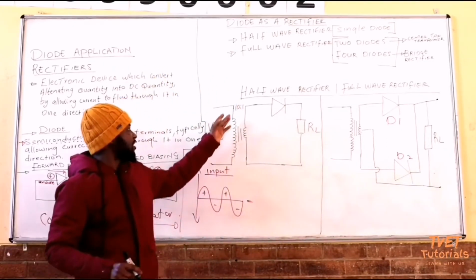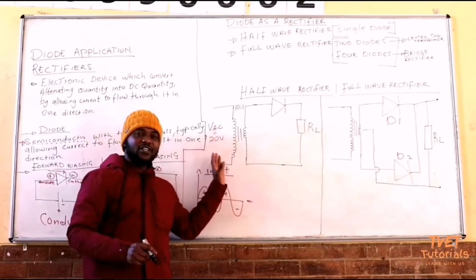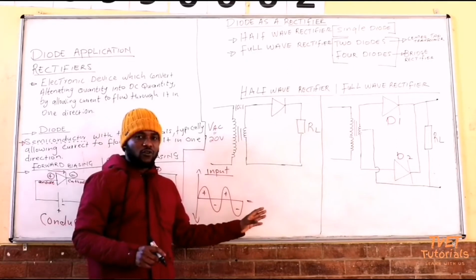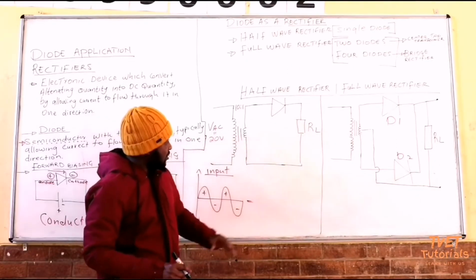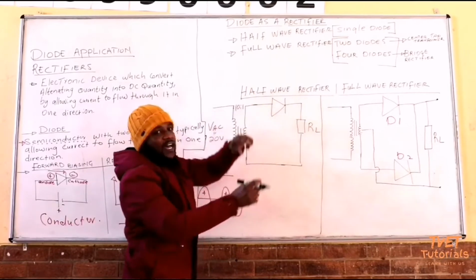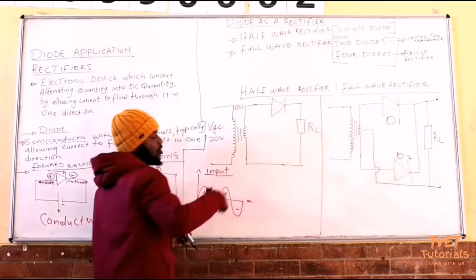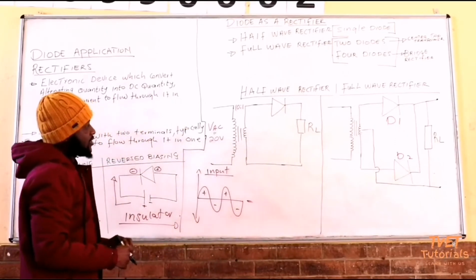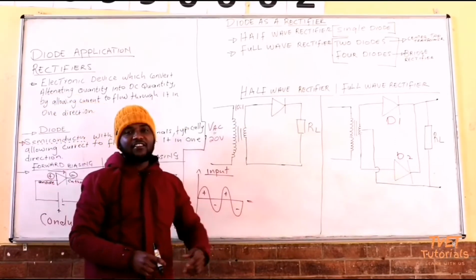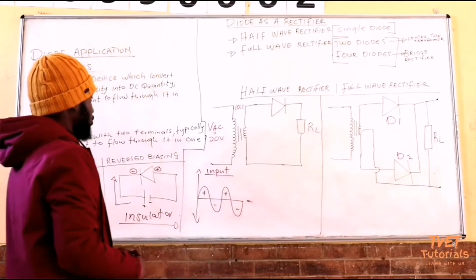So we use the transformer to just step down the primary voltage, and then we can supply the secondary voltage to whatever is connected on the secondary side. In this case, we are going to supply the voltage to our rectifier and the load.